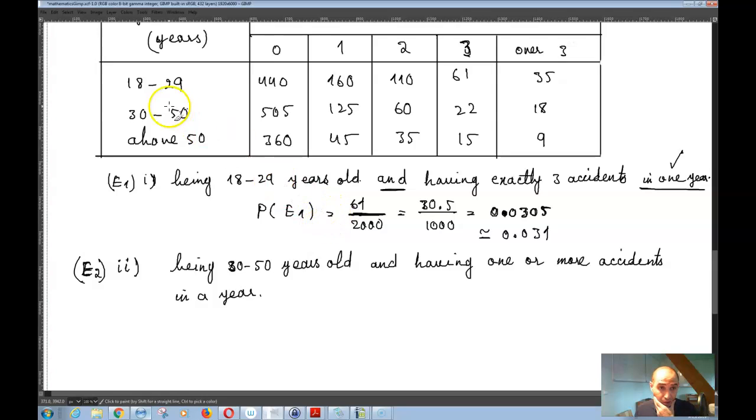So being 30 to 50 years old and having one or more accidents in a year.